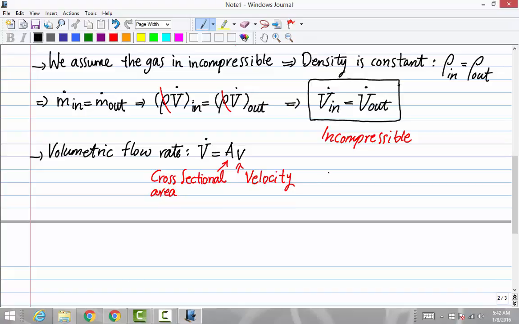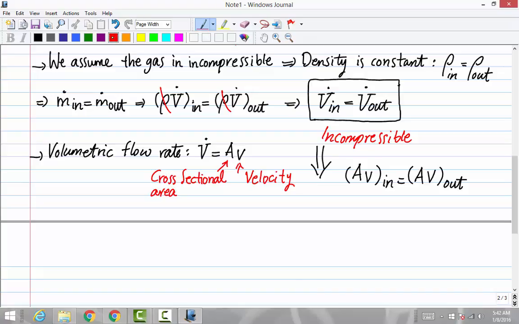Therefore, A times V at the inlet equals A times V at the outlet. This is what we're gonna use.